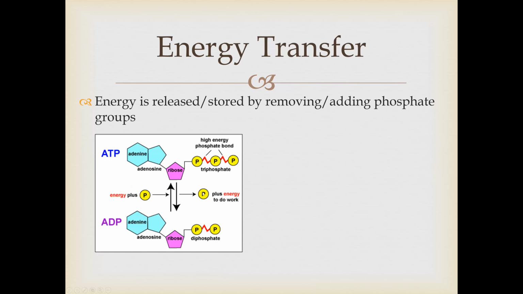So we can stick it on an enzyme, wake it up, tell it to do its job. That phosphate represents work being done by something in the cell. And of course, since we took a phosphate away, we are left with only two phosphates, so we are left with ADP.